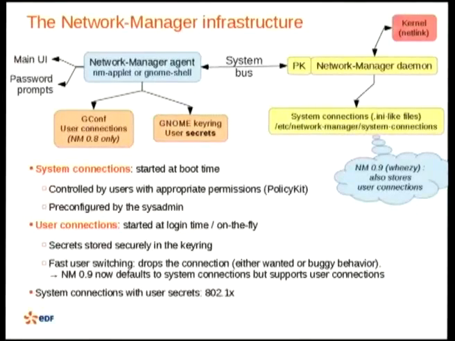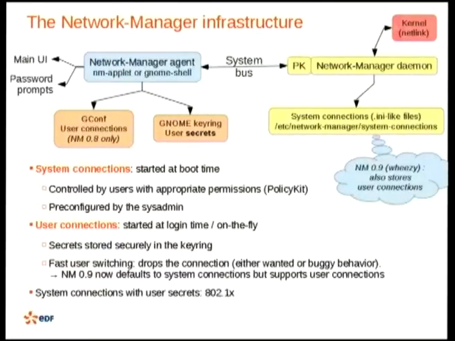So the system connections are started at boot time, and you can control them only if you have appropriate PolicyKit permissions, and you can pre-configure them, which is extremely useful for enterprise setups. User connections, well, you can give or not the ability for the user to start connections.